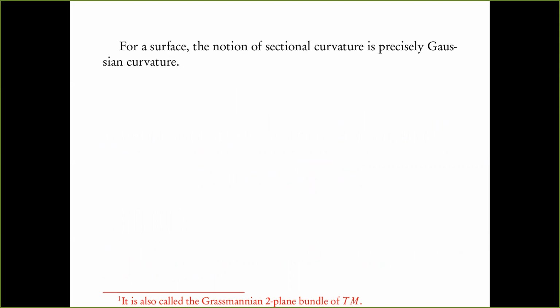So the sectional curvature for a surface at a point is something assigned to the tangent space. And if you see the definition, if x and y were an orthonormal basis, this is precisely the Gaussian curvature, because R1212 was the Gaussian curvature, as we saw in the last lecture. So the sectional curvature for surfaces is the Gaussian curvature. Nothing more, nothing less.